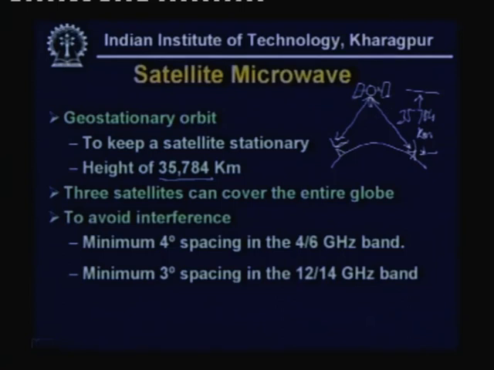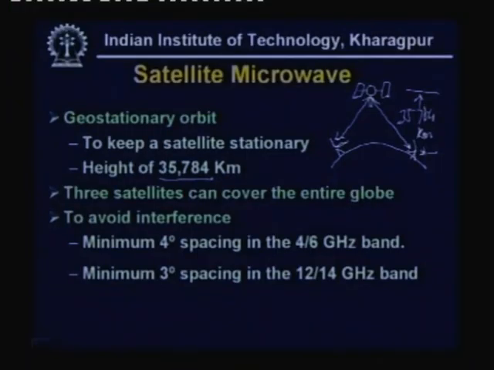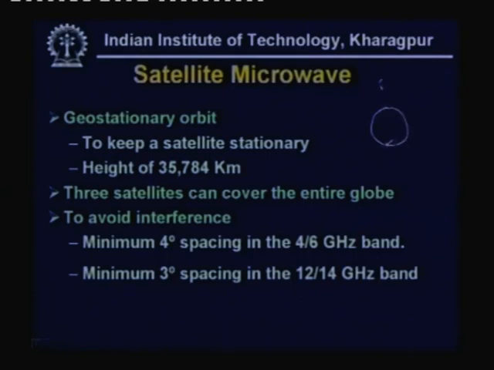What are the advantages of this? One big advantage is the satellite can cover a very large distance because the antenna height is very large, and it can be shown that with the help of 3 antennas the entire globe can be covered. For example, here you have got your earth. So one satellite here, one satellite here, 120 degree apart another satellite, and here another satellite.